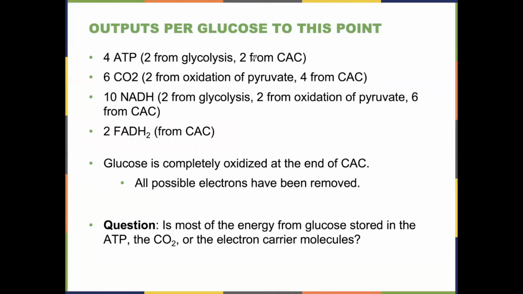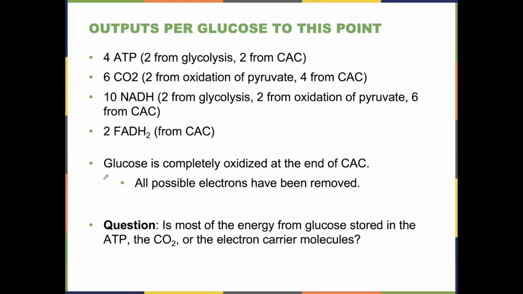And we've now made 2 from the citric acid cycle. We've released all of the carbon that came from glucose because remember it was a 6-carbon sugar. We've released it all in the form of carbon dioxide. We've also filled up some of our electron carrier buckets with electrons and energy. We've made 10 NADH and we've made 2 FADH2.